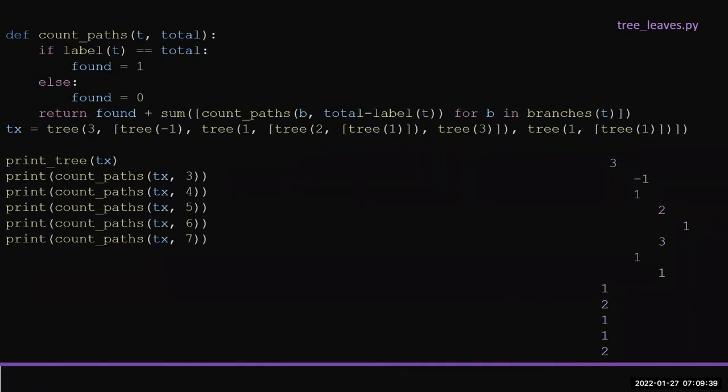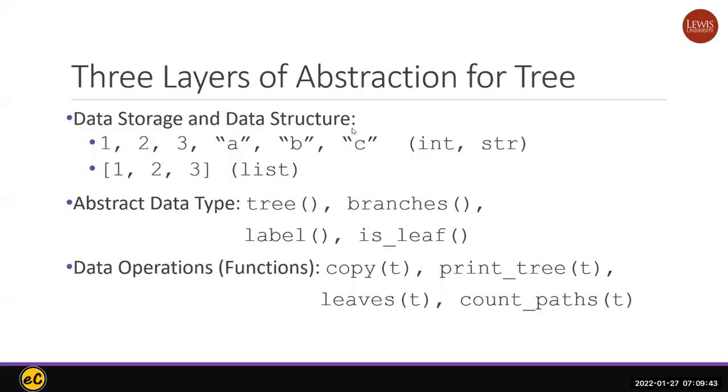So this one is to count each value's possible path. Okay, each value's possible path. So 3 level abstraction for a tree, you do have this one, 1, 2, 3, A, B, C. Okay, and that is a list. Okay, and the tree, you have branch, leaf, row, and label. Okay, you can copy tree, print tree, leaf tree, and count path.